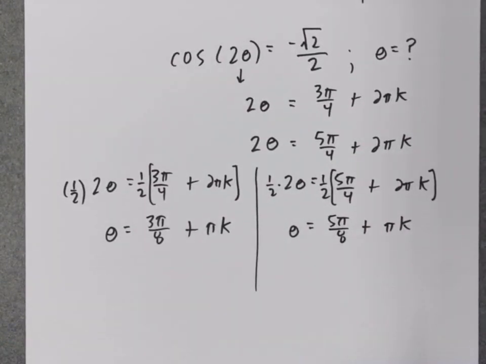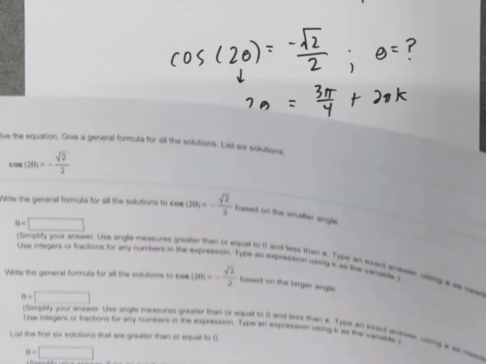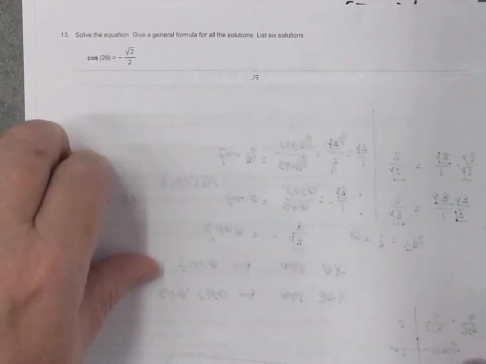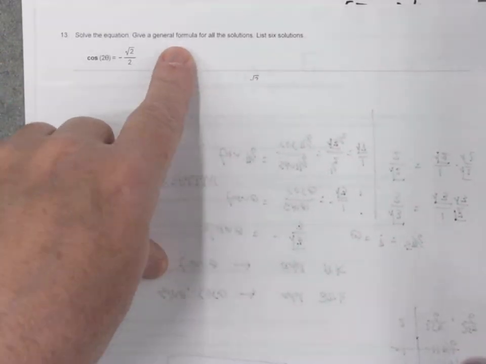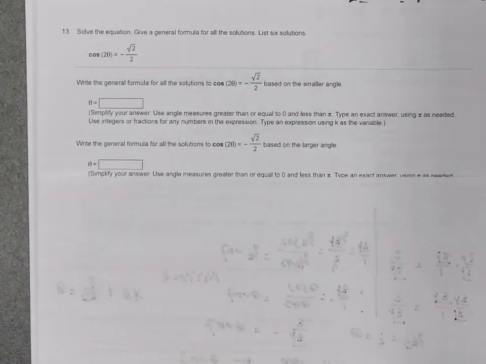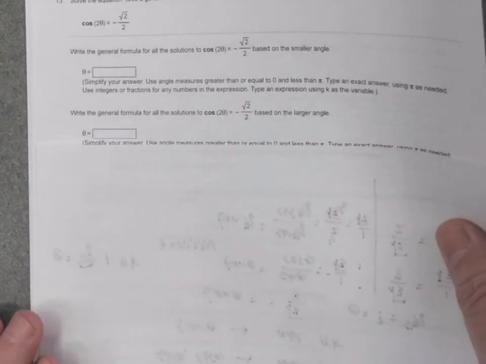And if I look at the homework problem I'm working on, it's right here. It says give a general formula for the solutions. So I could go here and write in, let me look at it again, it's 3 pi over 8 and 5 pi over 8.